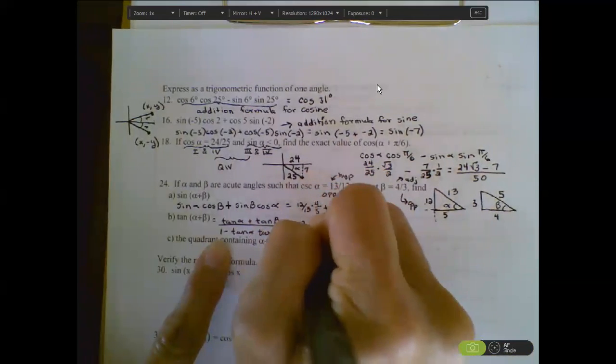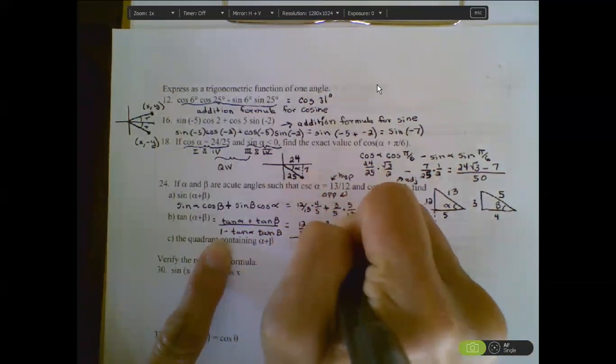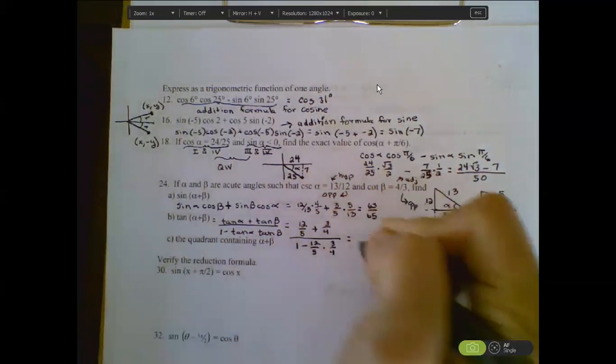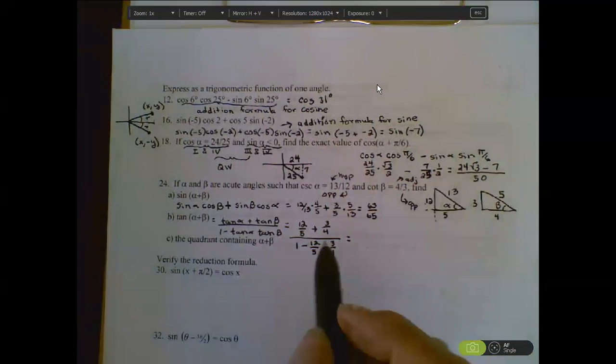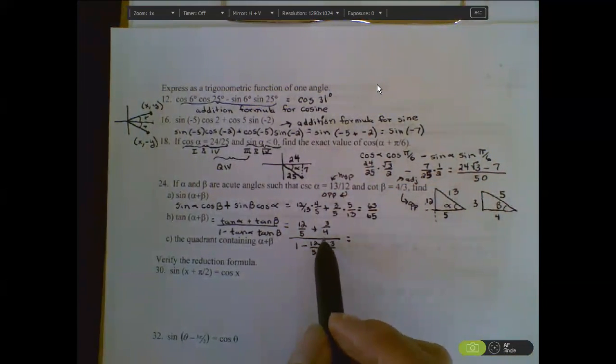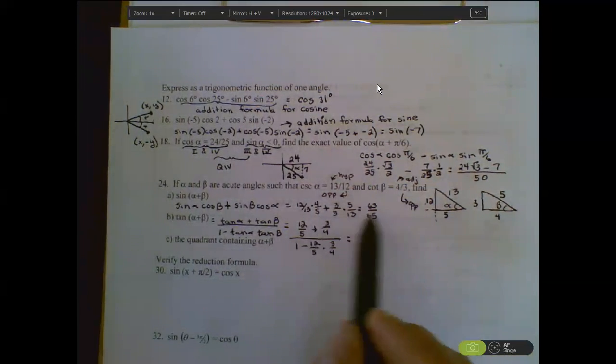One minus 12/5 times 3/4. It would be absolutely cool if you didn't have to have a calculator to figure that out. We already know 12. No, it's not the same as up here.